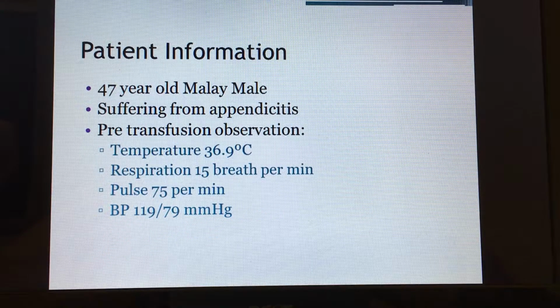For this case study, the information I obtained was from a 47-year-old Malay male suffering from appendicitis. During the pre-transfusion observations by the physicians, the temperature, respiration, pulse, and blood pressure were normal.